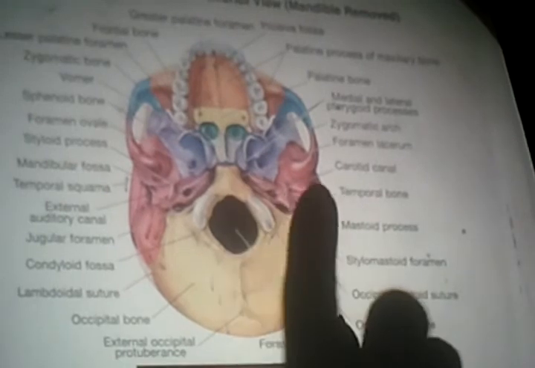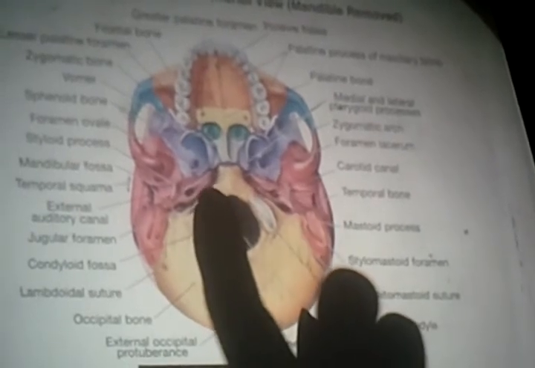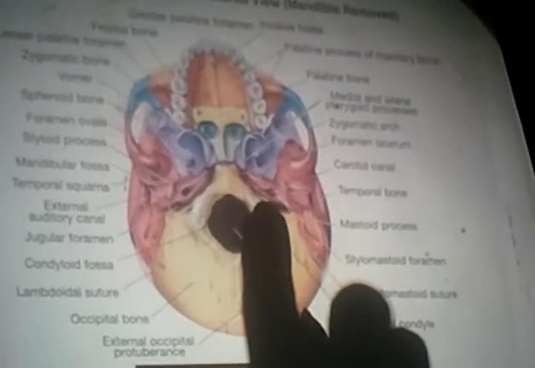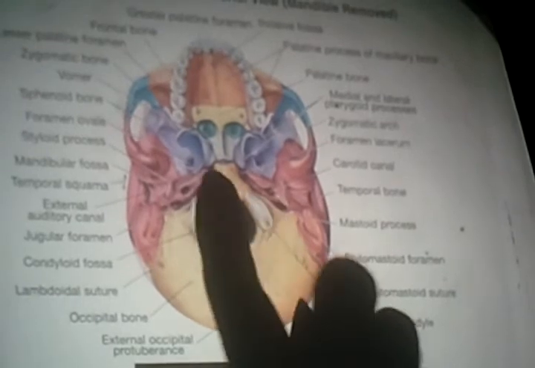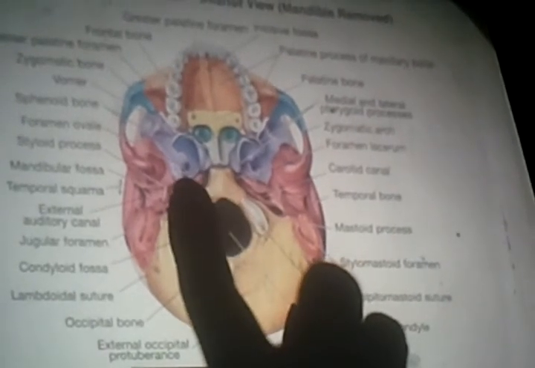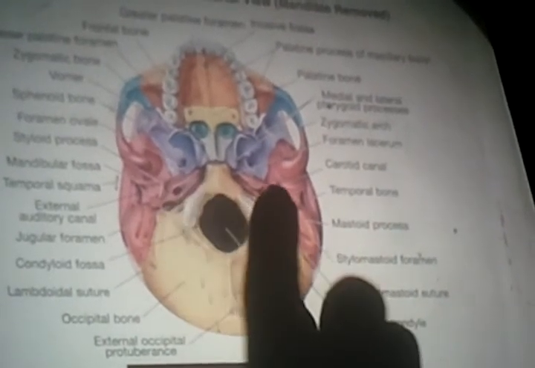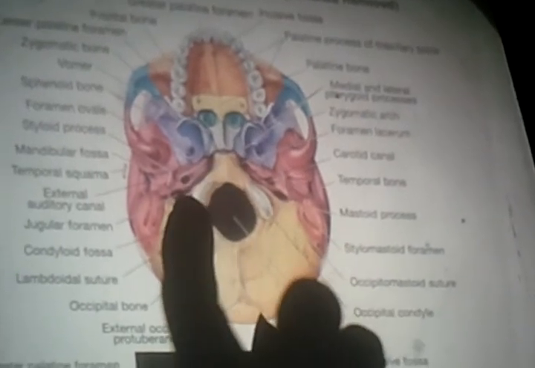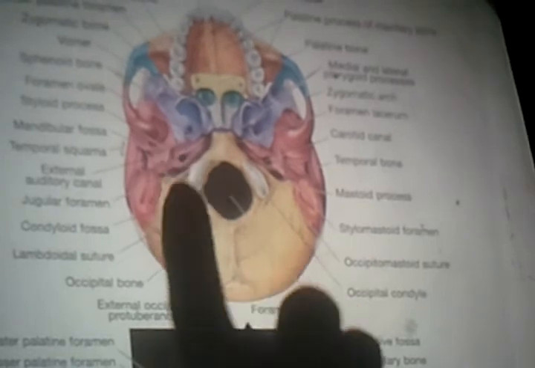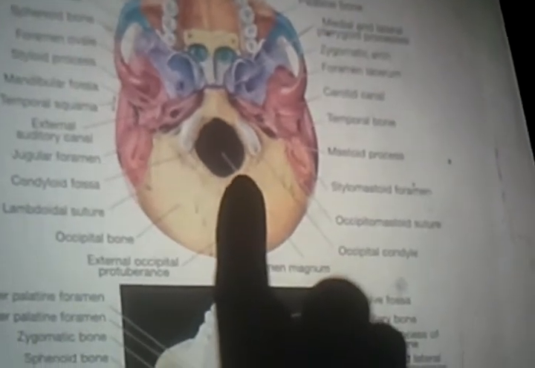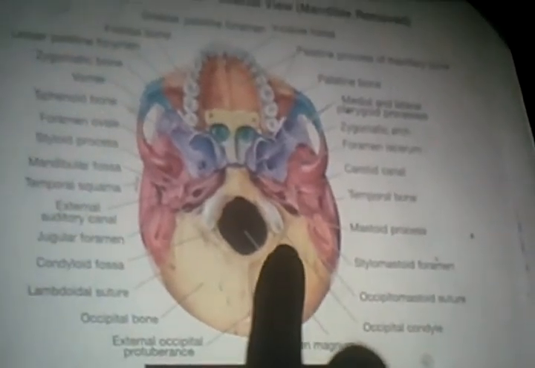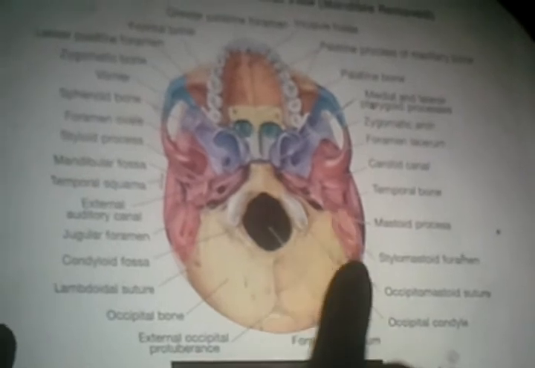Then you have foramen lacerum, foramen ovale. I don't think they showed the foramen spinosum. Foramen lacerum, carotid canal, jugular foramen, styloid process, mastoid process, stylomastoid foramen, right there.